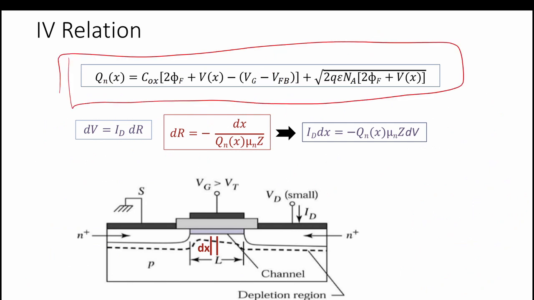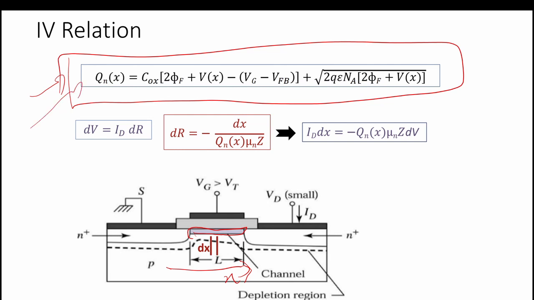This is the QNX, the charge in the channel, which is varying with the distance x, the spatial variation of the channel charge.